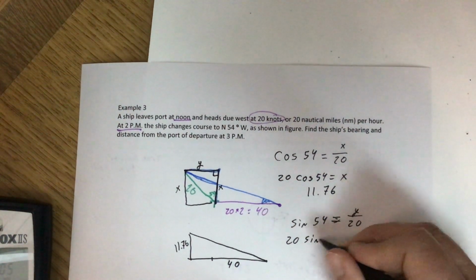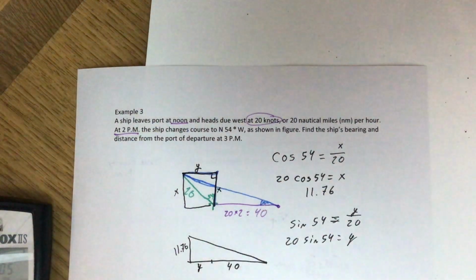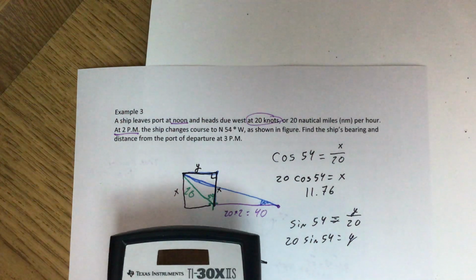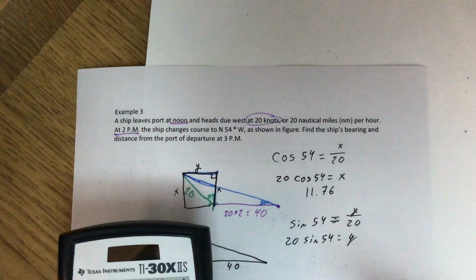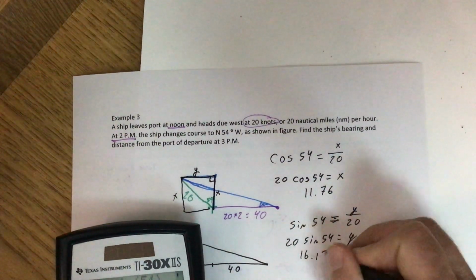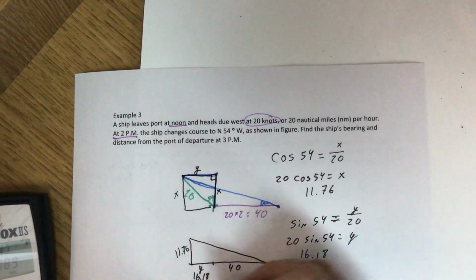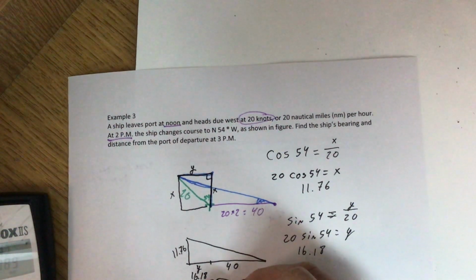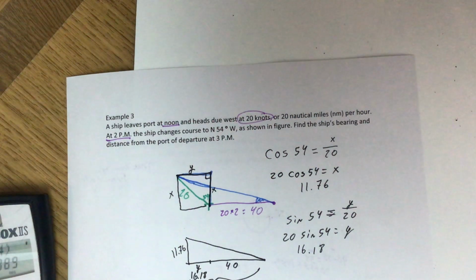So 20 times sine of 54 would give me the y. That's going to give me 16.18. So this is 16.18 plus the 40. So together, I have 56.18 and 11.76.